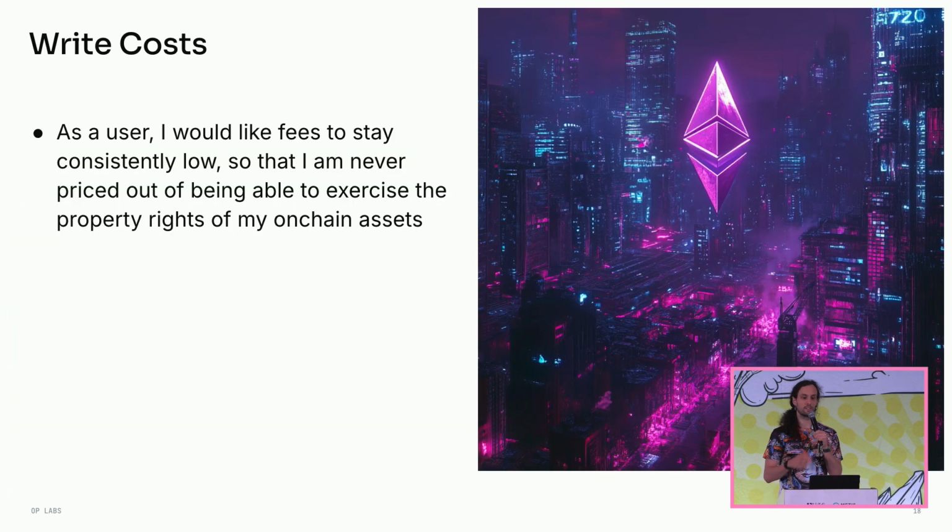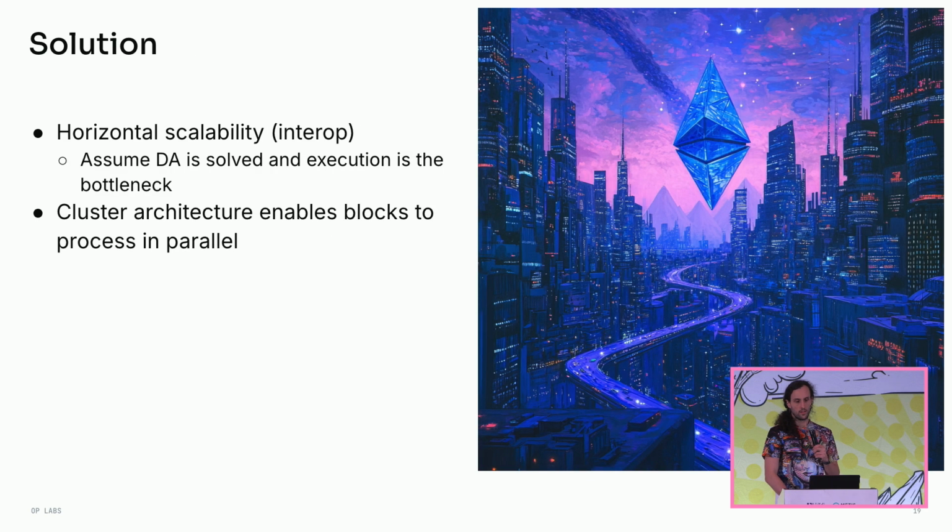Now, write costs. As a user, I'd like my fees to stay consistently low so that I'm never priced out of being able to exercise the property rights of my on-chain assets. This is why we're working on horizontal scalability through Interop.